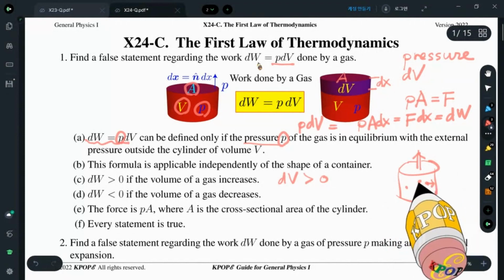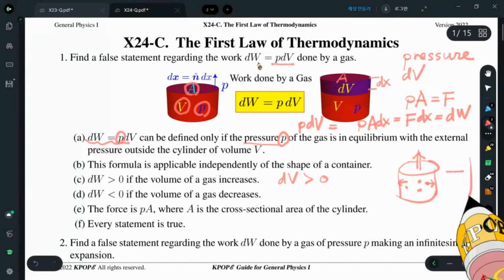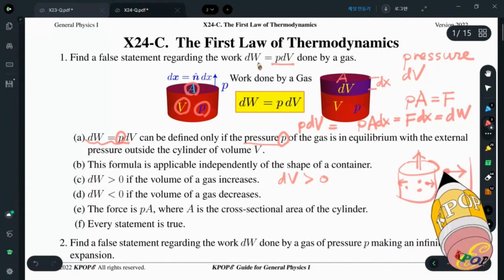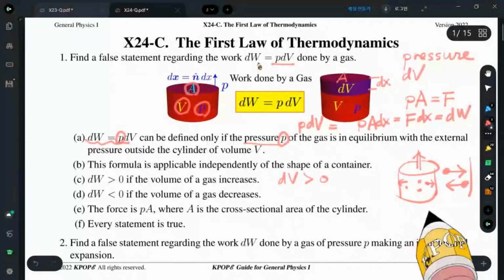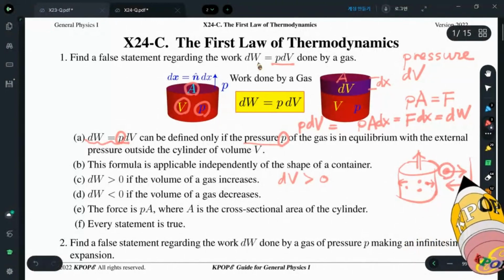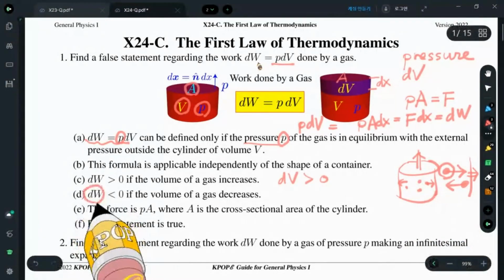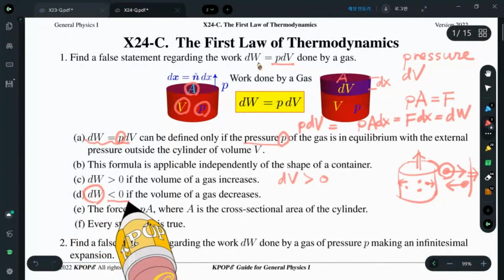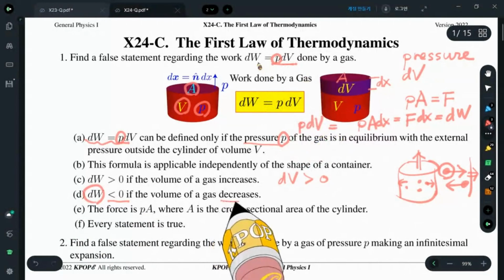A molecule collides with the wall and bounces back. In that case, the initial momentum is transferred to the wall. So the pressure is always to the outside. If dW is negative, because the pressure is positive definite, dV must decrease.